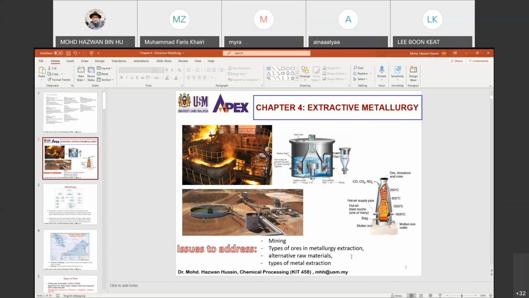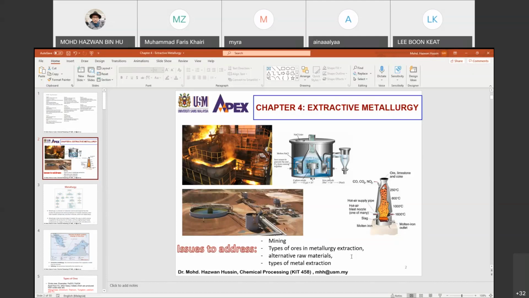Okay, and then the types of ore in metallurgy extraction. You have different types of ores, starting from oxide ores, halide ores, and whatnot. Alternative raw materials. Okay, what would be the alternative raw materials apart from ores? Of course, as I said just now, you can also use metal scrap as one of your raw materials.